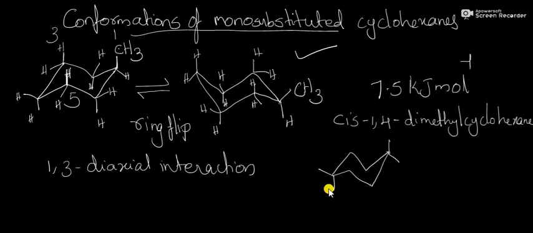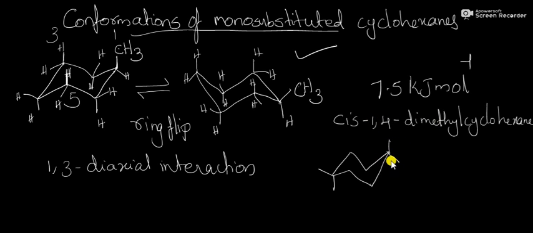Then we know that in the case of cyclohexane the chair conformation is more stable, so we can draw the chair conformation of cyclohexane. Then we can assign the first and fourth positions as methyl groups.